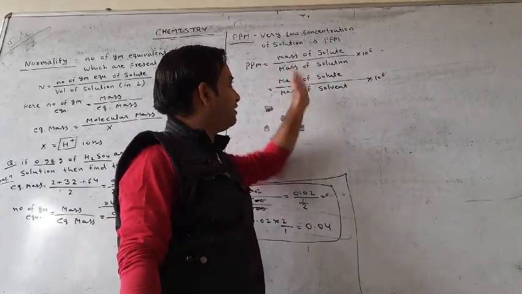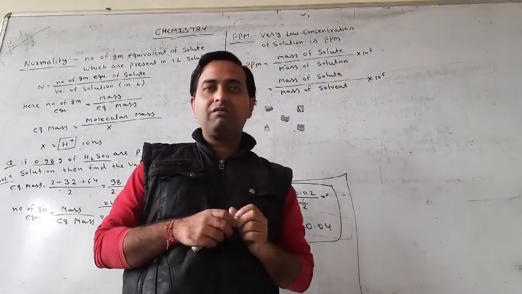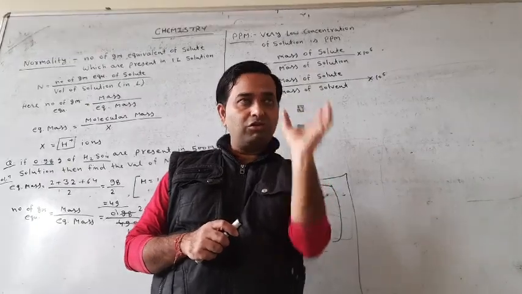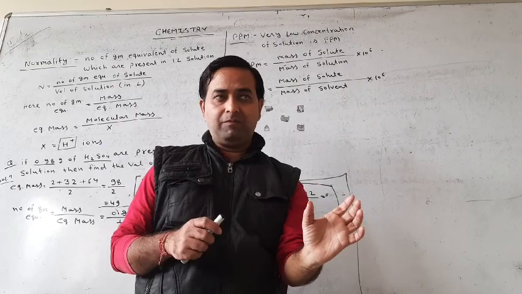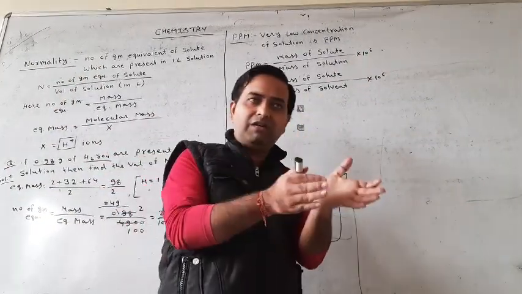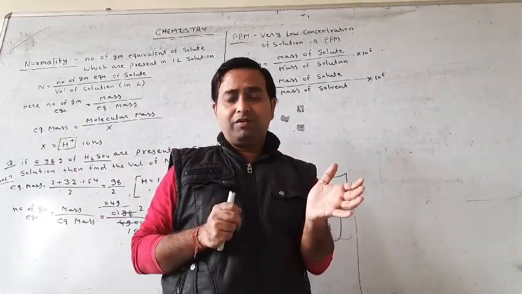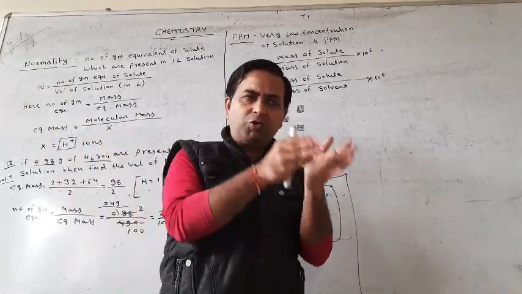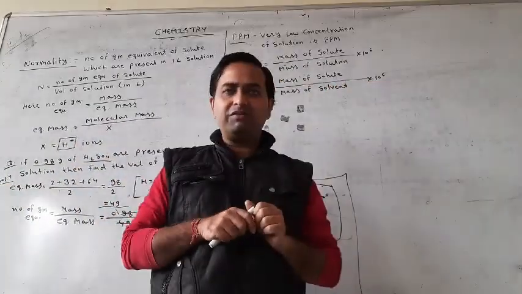So all values are given in the formula, but why do we multiply it with 10 raised to power 6? Because the dissolved solute has low concentration in the big bucket. So how can we calculate it? The value comes in the form of 0.00 something. So to calculate it properly, we always multiply it with 10 raised to power 6.